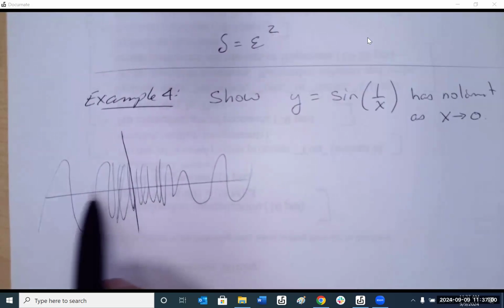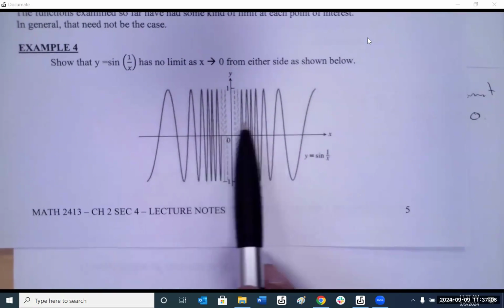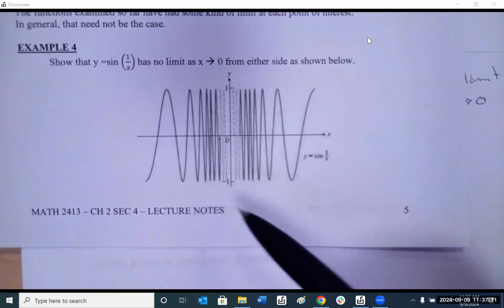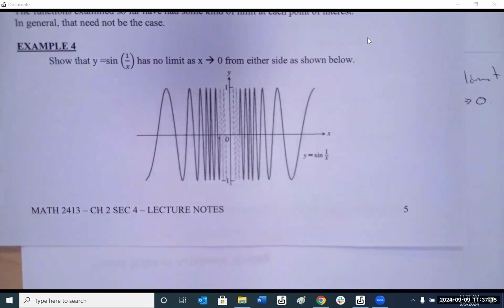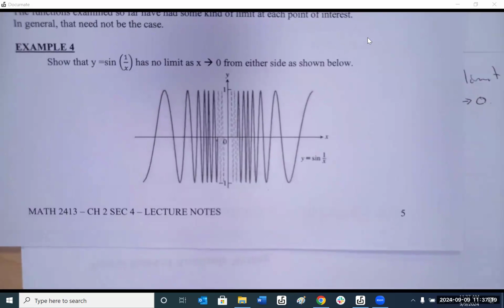What is this little squiggly? If you look at your picture in your graph, this is what the graph is supposed to look like. In other words, what's happening as it gets closer to 0? The period between them becomes infinitely close.